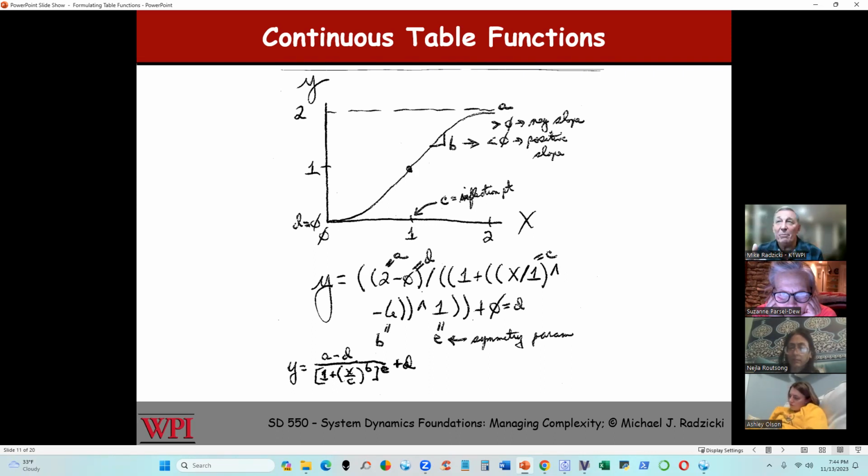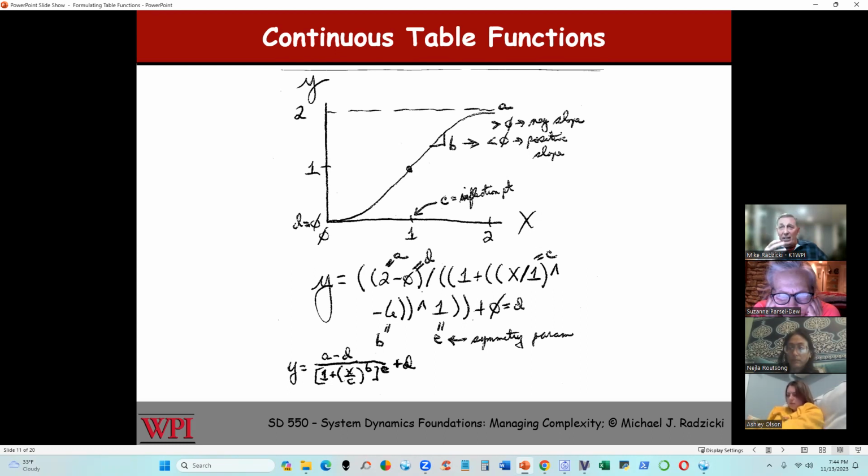So sometimes system dynamicists prefer to have an analytical function that's perfectly smooth. Okay, so I've always been on the lookout for the next greatest functional form where I can say, hey, I can use that for a table function if I elect to use a continuous table function.